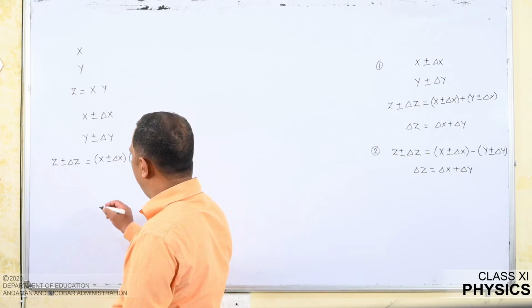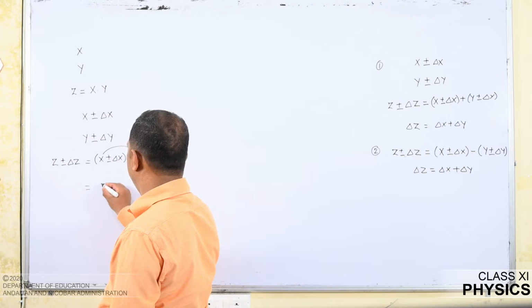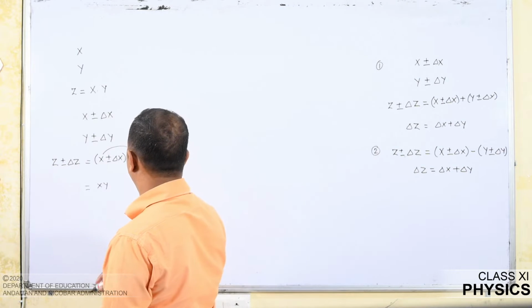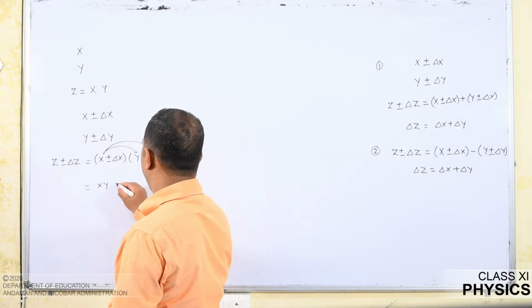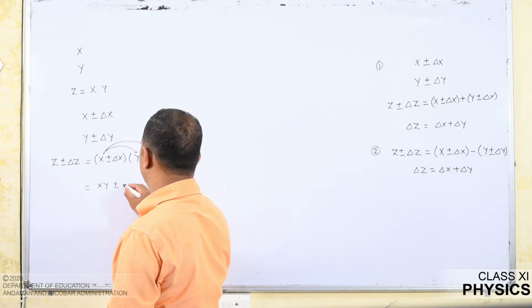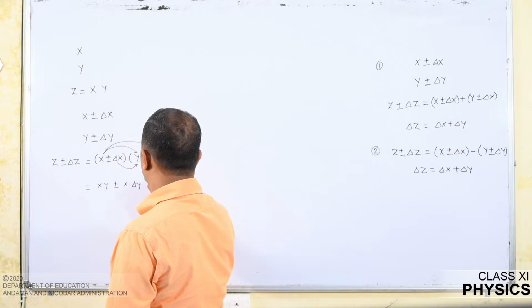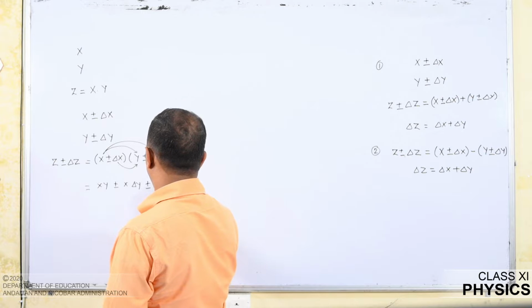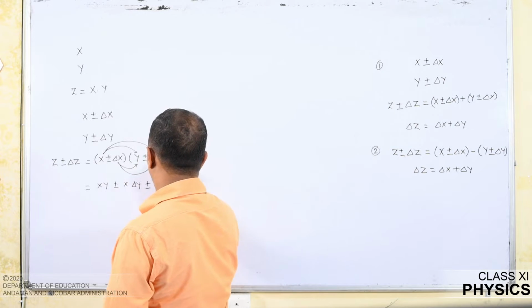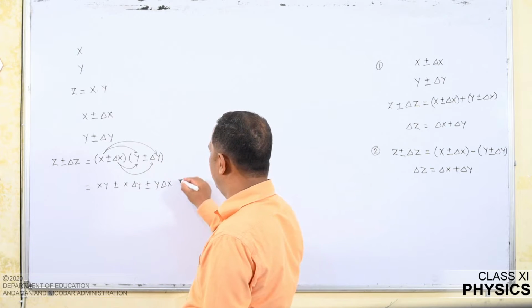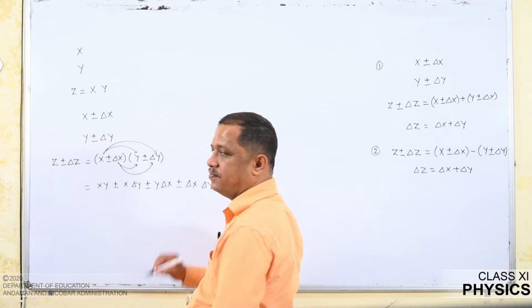In that case, when I try to find the product, I have x times y, so this is xy, then x into delta y, I am going to have plus or minus x times delta y, then plus or minus y times delta x, and when I find the product here, I am going to have delta x times delta y.